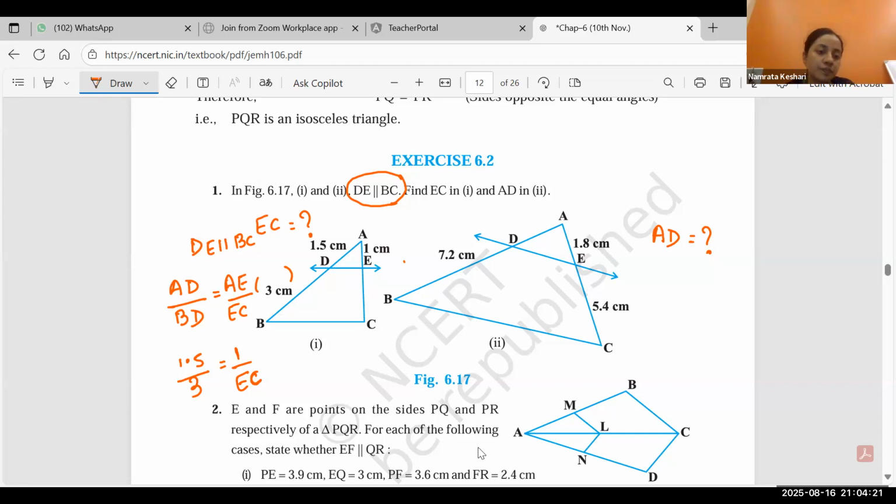Everyone, are you getting EC as 2 centimeters? You have to do crisscross multiplication. You will get 1.5 into EC is equal to 1 into 3.